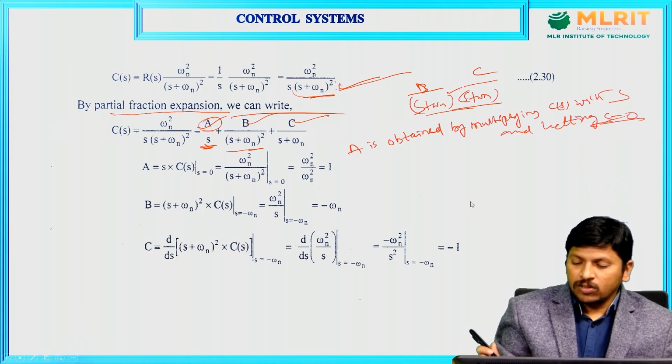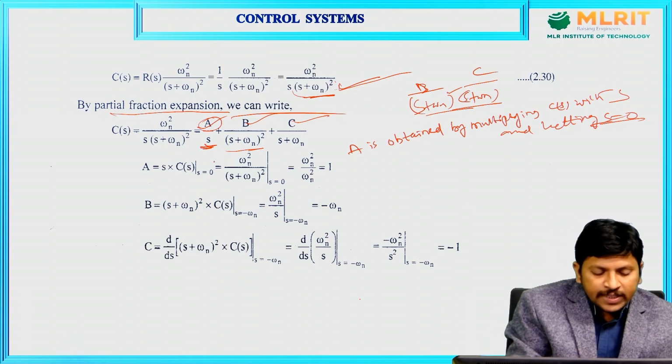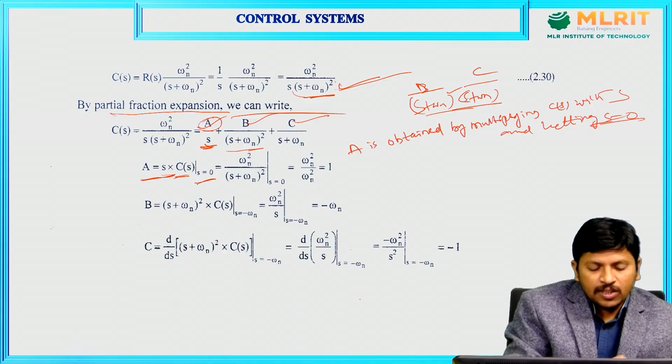Substitute s equals 0. So A equals s multiplied with C of s, letting s equal 0.